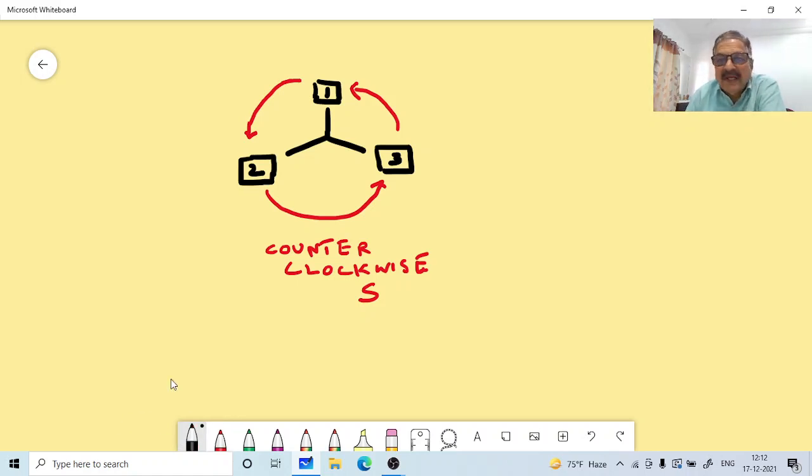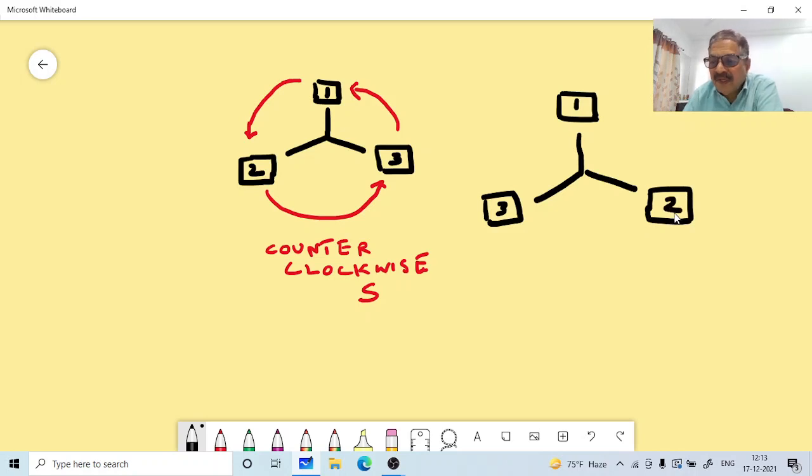Now, in the other case, if you are putting it in this fashion, 1, I will just put 3 here, 2. Okay. Now, when you are tracing the circle, 1, 2, 3, how will it be? It will be like this.